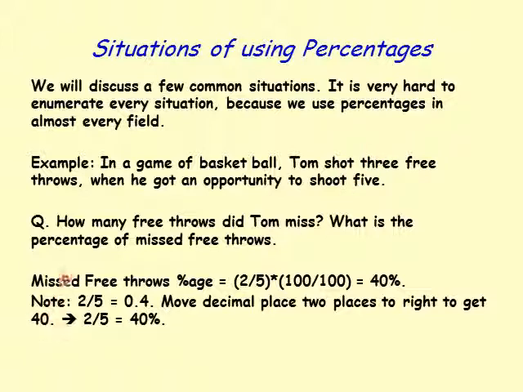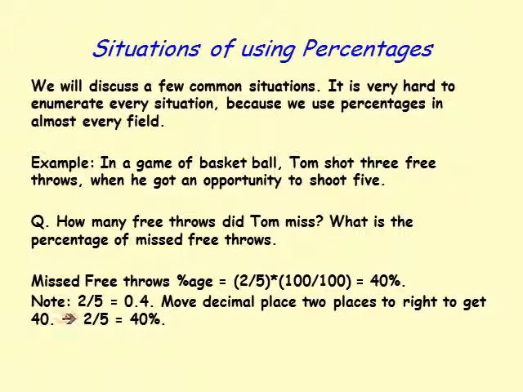The missed free throw percentage: first of all, he missed 2 out of 5. That's the ratio of missed shots to all the free throws he got. Then we multiply and divide by 100, so that gives me 40 in the numerator and 100 in the denominator. That's 40%.